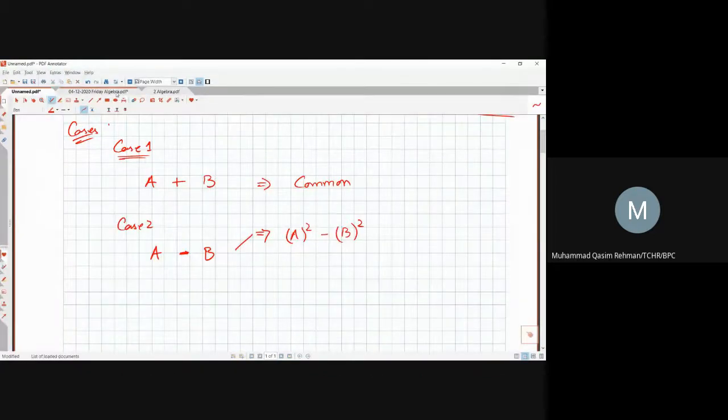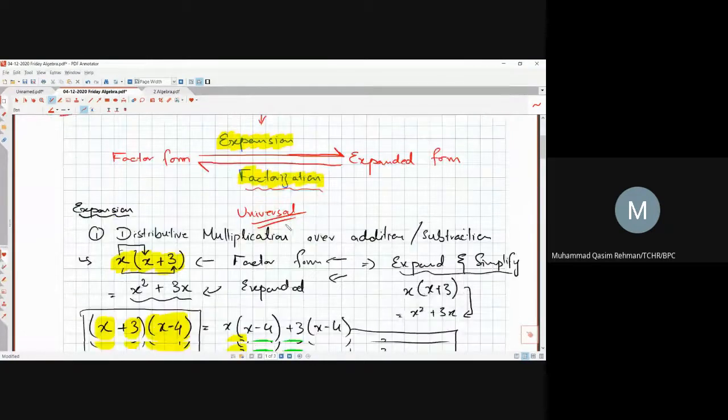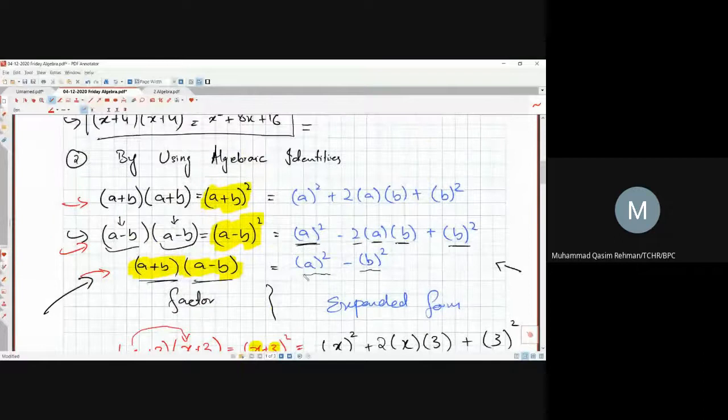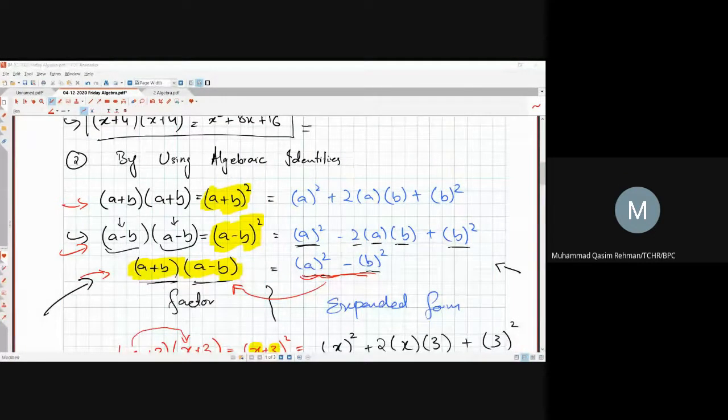Well, you should know the identities by heart. Look at the expanded form. Whenever you have an expression in an expanded form like a squared minus b squared, then the factors will always be a plus b into a minus b.